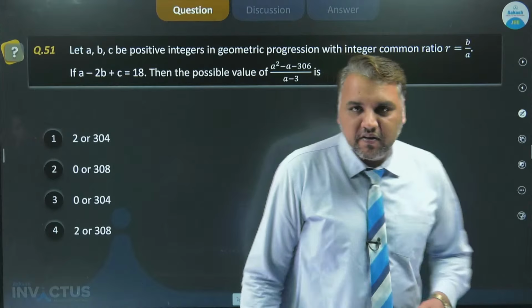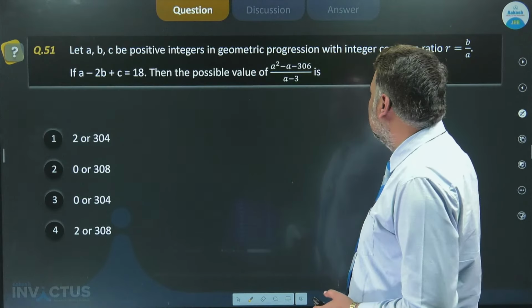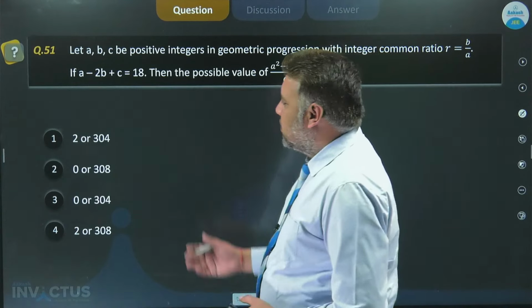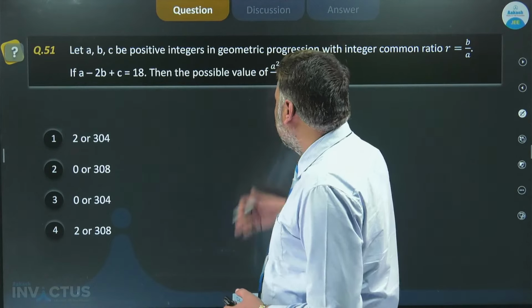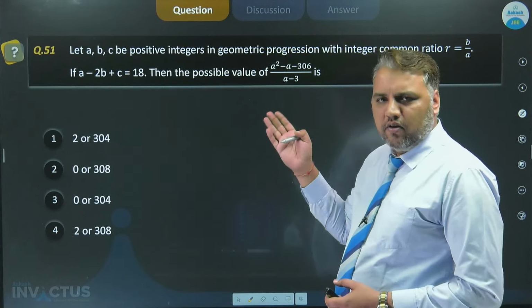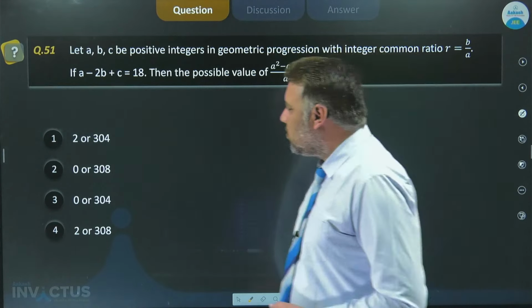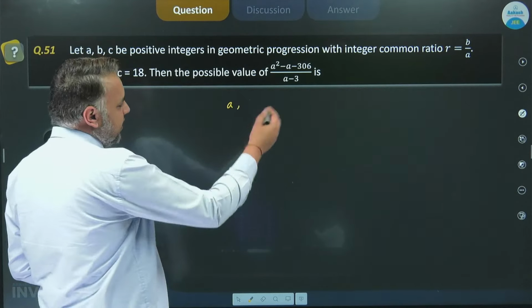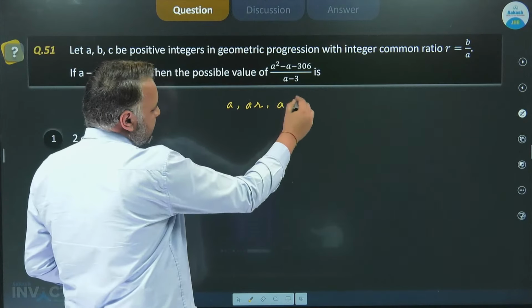In the first question, we are given that A, B, C are positive integers in GP with the common ratio as an integer. And a relation is given between A, B, C, that A minus 2B plus C is 18, and we have to calculate the value of A. Obviously, if we get A, then we can calculate this also. So let's assume that the first term of this GP is A. Second, we can write B as AR and C as AR square.